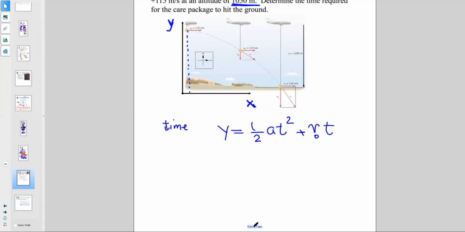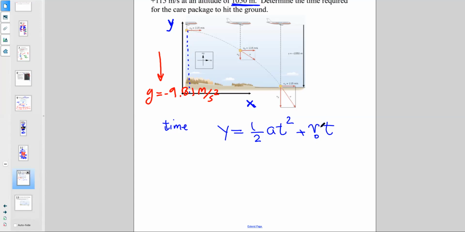And along the Y direction, we are dealing with a free fall. We are dealing with a constant acceleration of g, which is downward all the time. So I know that g is always down, which is negative 9.81 meters per second squared, okay? So we know that.